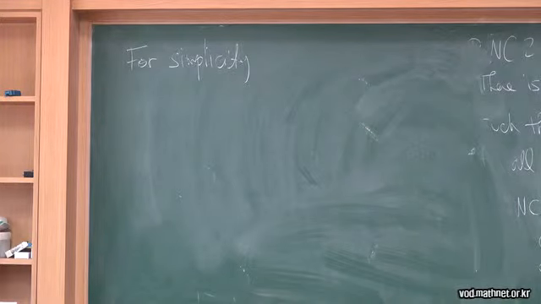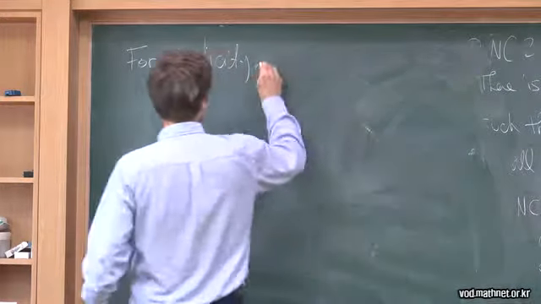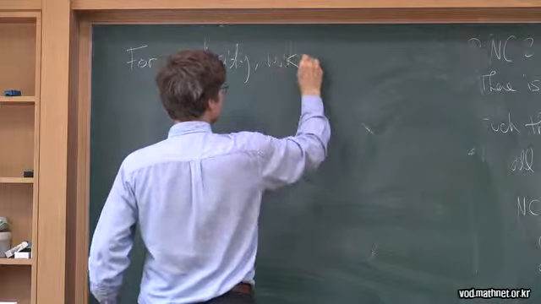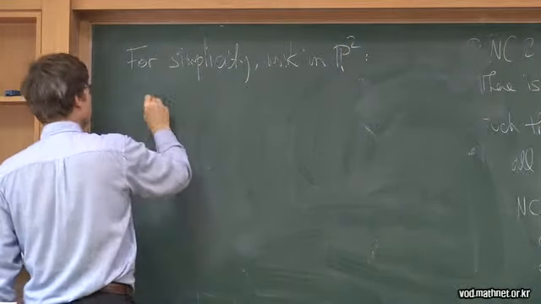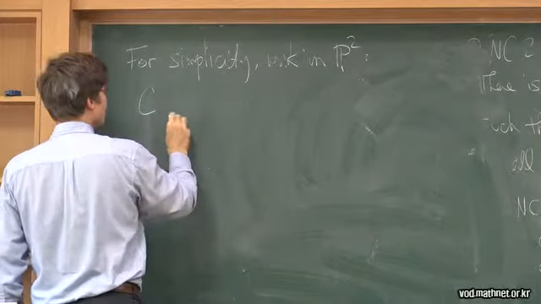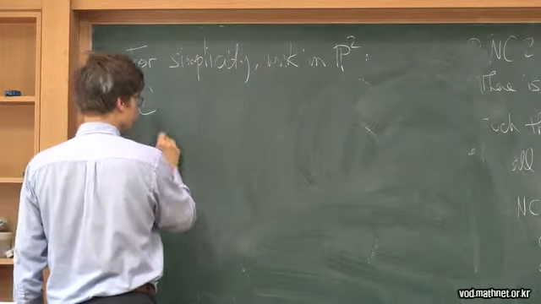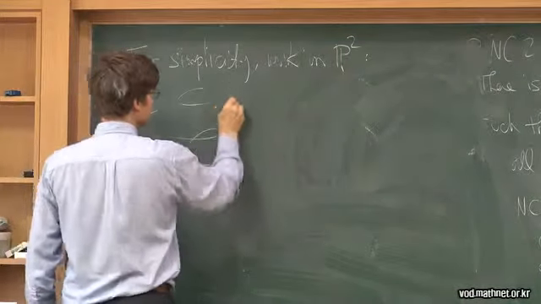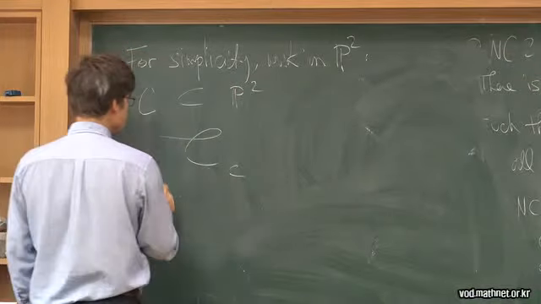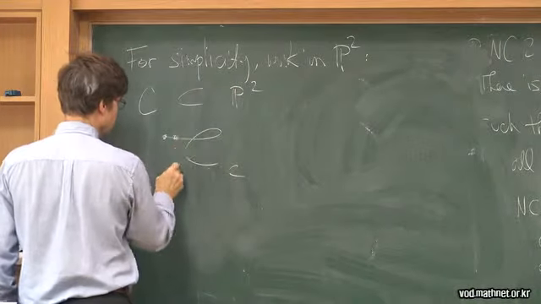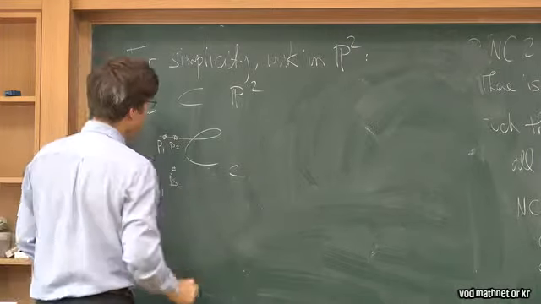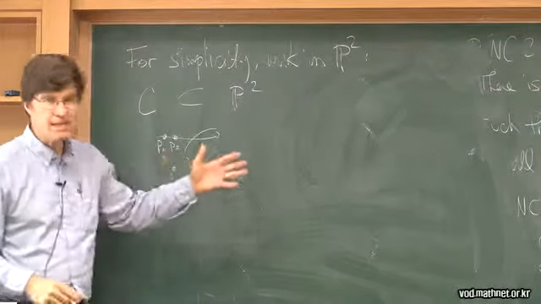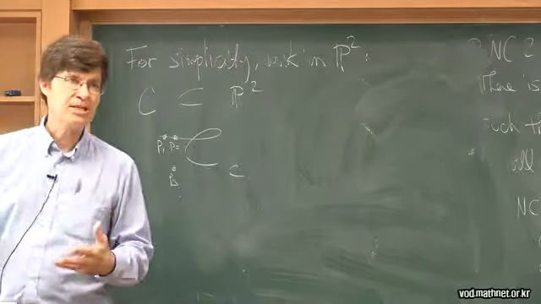So let's just do everything in P2. So given a curve in P2, and given some points, instead of blowing up the points and taking the proper transform, let's do the computation on P2.